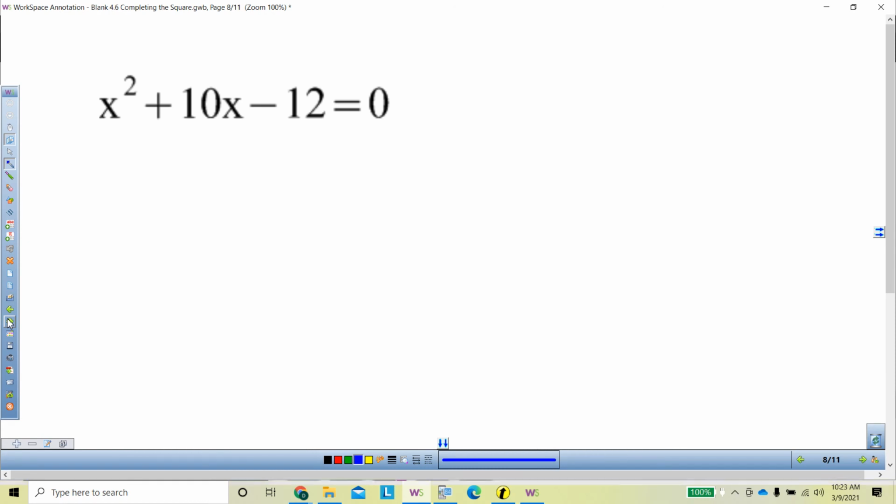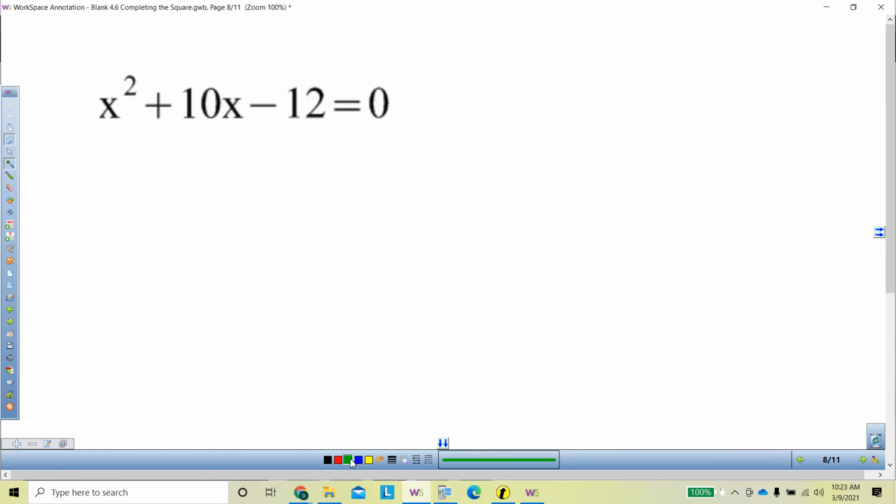Okay, write this one down. And we want it to look like that. Ax squared plus bx with the blank space equals c with the blank space. So if you feel like you know how to do it, jump ahead and crank it out.